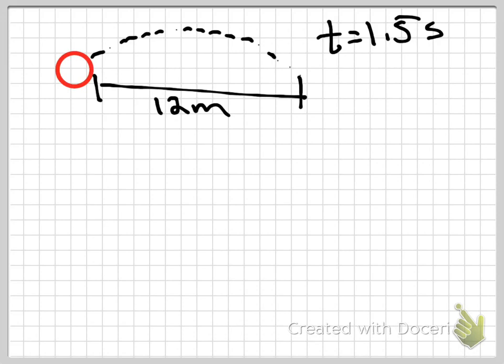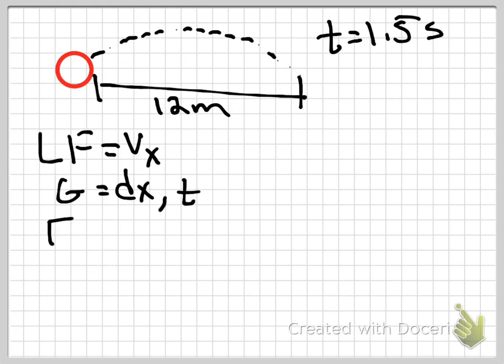Okay. So we are looking for Vx. We are given dx and time. What equation are we going to use? Well, there's only one equation that uses all three of those. That's Vx equals dx times time.